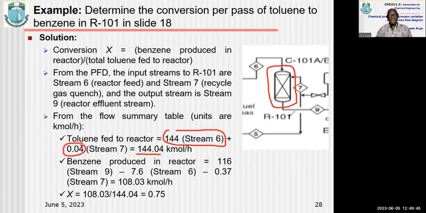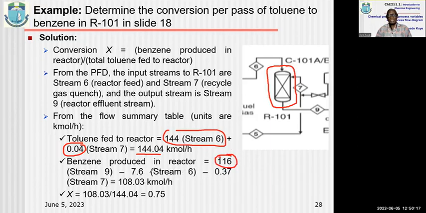And where is the benzene that is produced? The benzene that is produced is in stream 9, which is what is leaving the system. This is 116.